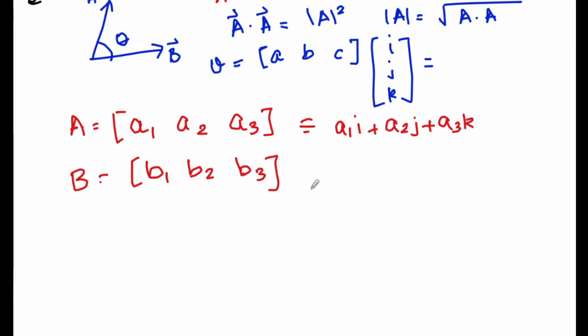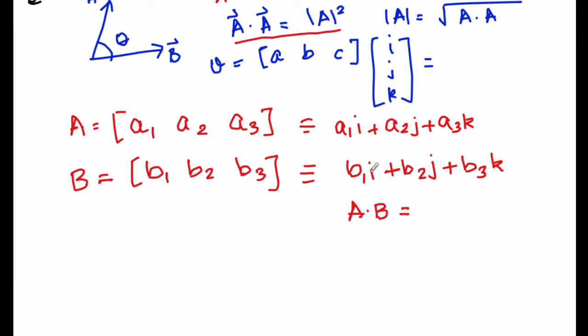I'm skipping the denotation of caps here just for the sake of brevity, and here b1i plus b2j plus b3k. So when we take a dot product, that is a dot b, similar to the one that we had just seen a little earlier, i dot i will be 1, while i dot j, i dot k will be 0. So therefore, you are going to get something like a1 b1 plus a2 b2 plus a3 b3. So this is the dot product between the two vectors a and b.